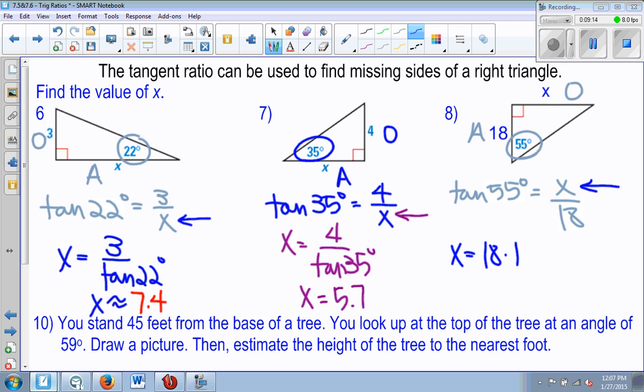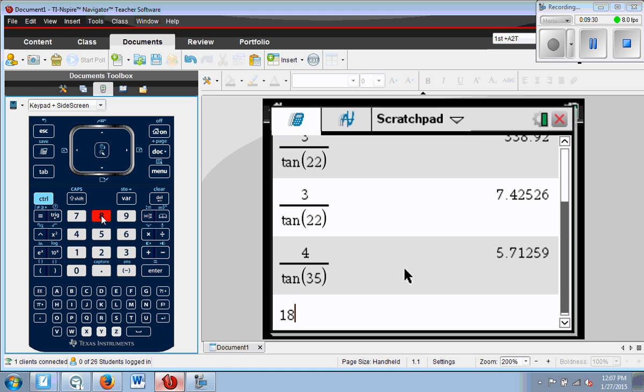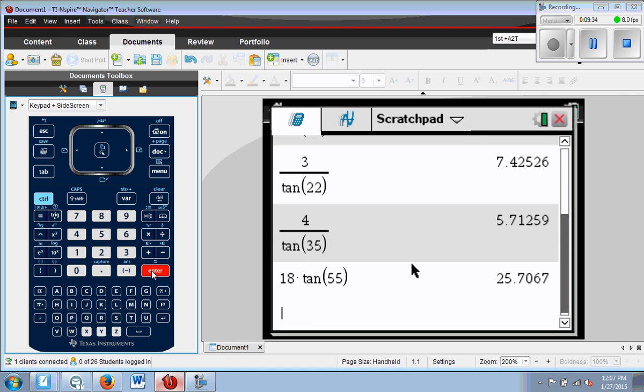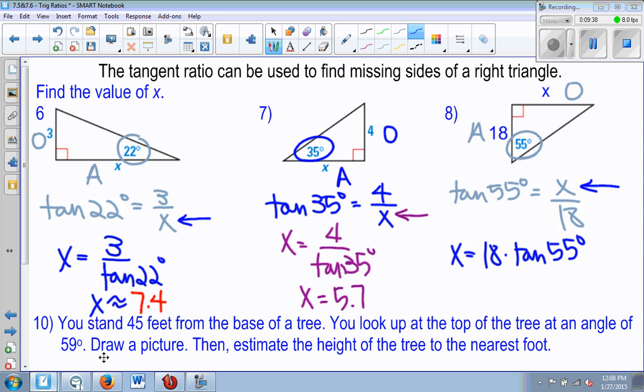We're actually going to multiply to solve. So instead of doing 18 divided by tan of 55, like we did in the last two problems, we're going to do 18 times tan of 55. So I'm going to bring up my calculator so we can do that calculation. 18 times tan of 55, and we end up with approximately 25.7. And that's my missing side length.